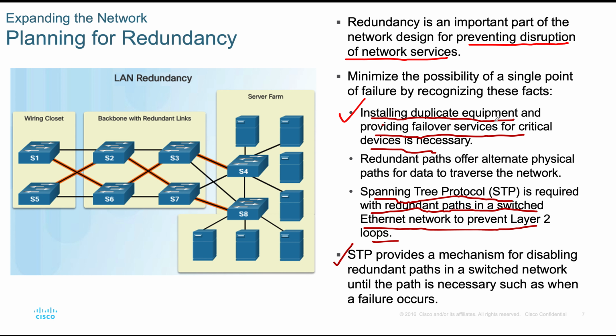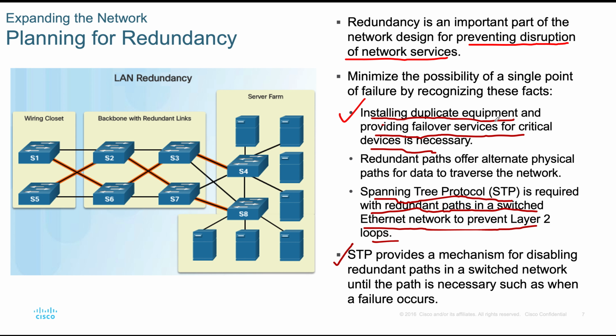When you create a redundant path, you also need to create what we call the spanning tree protocol, because looping will occur. There will be looping in the system, which is not good for you. So we need to create a spanning tree protocol to prevent looping on the network, okay?